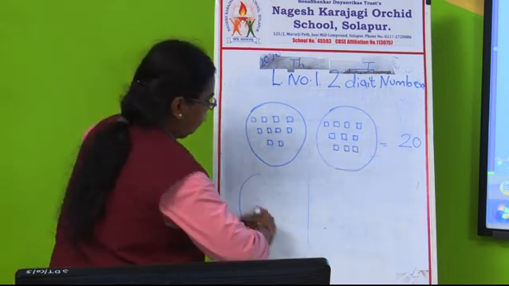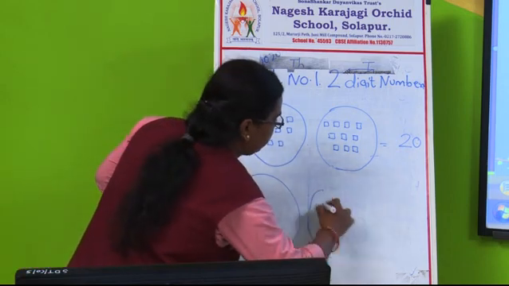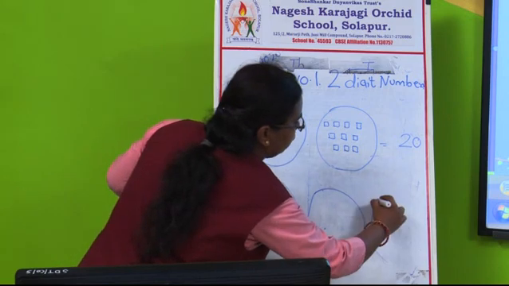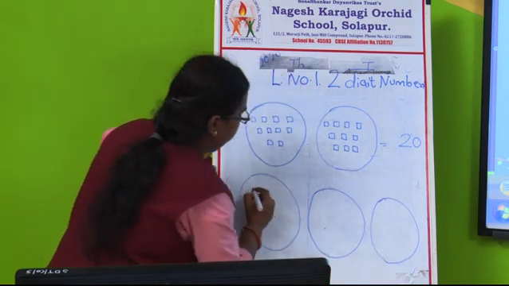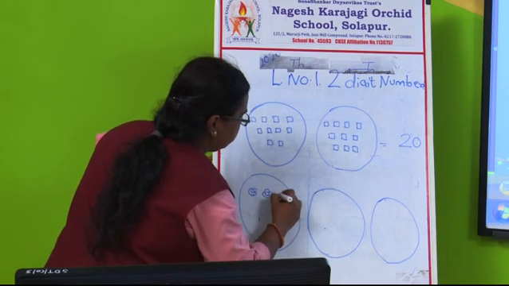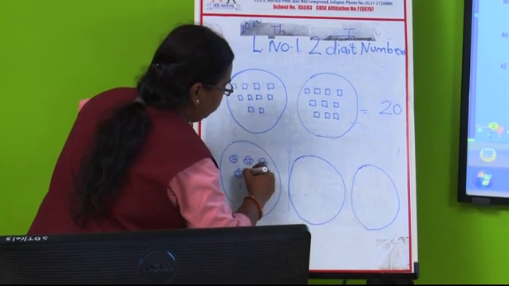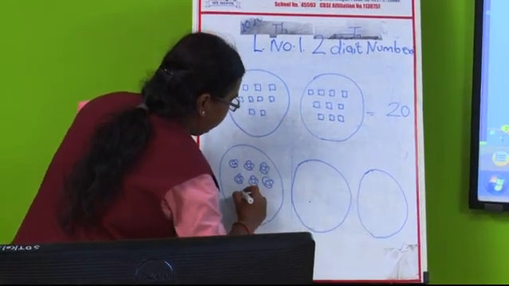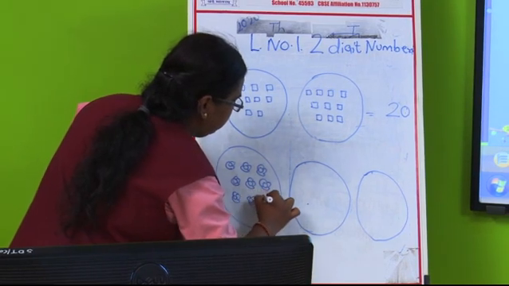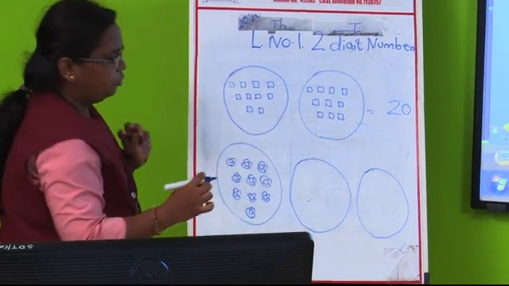Now, in the second part we will show 3 circles, and in each circle we will show 10 flowers. Okay. 1, 2, 3, 4, 5, 6, 7, 8, 9, 10. Now, these are 10 flowers.